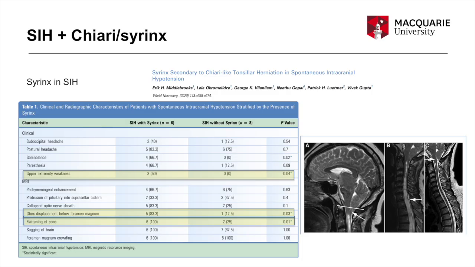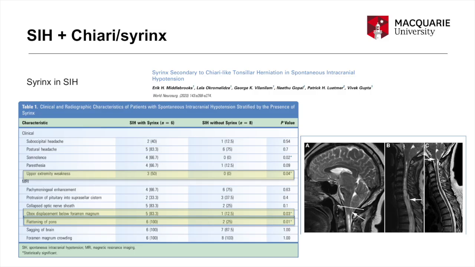The biggest series of syrinx in this condition that I came across was from the Mayo Clinic, where they had 6 patients. What they did was compare SIH with syrinx versus SIH with tonsillar herniation but no syrinx. Upper limb extremity weakness, the displacement through the foramen magnum was greater in the patients with syrinx.